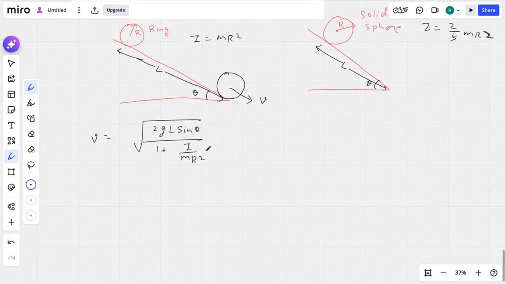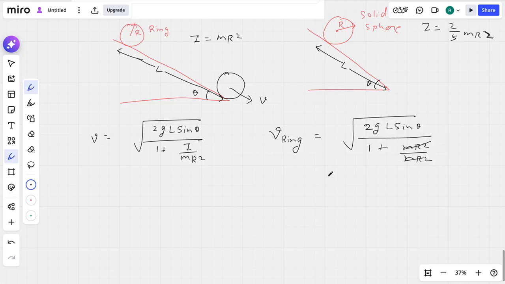So if we talk about the velocity of the ring, we get root under 2gl sine theta whole divided by 1 plus mr square by mr square. So this is solved as root under 2gl sine theta by 2. This cancels out, and our result is root under gl sine theta.